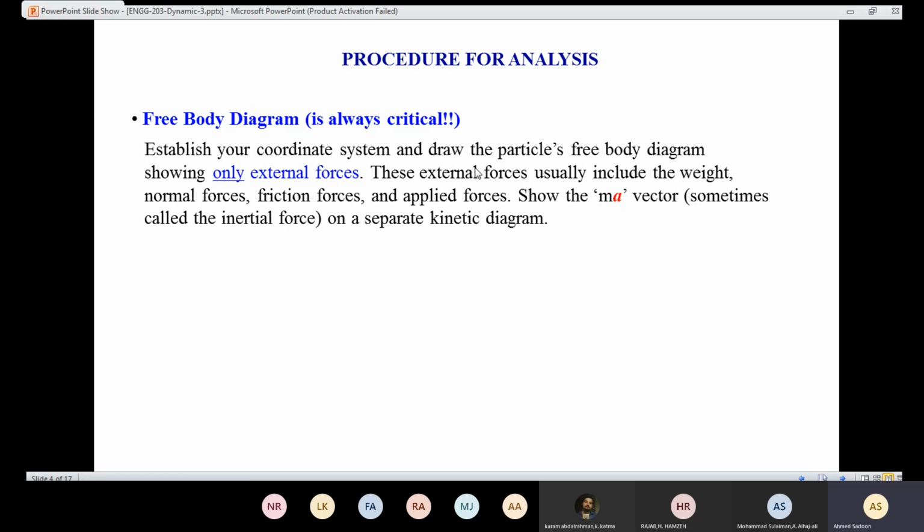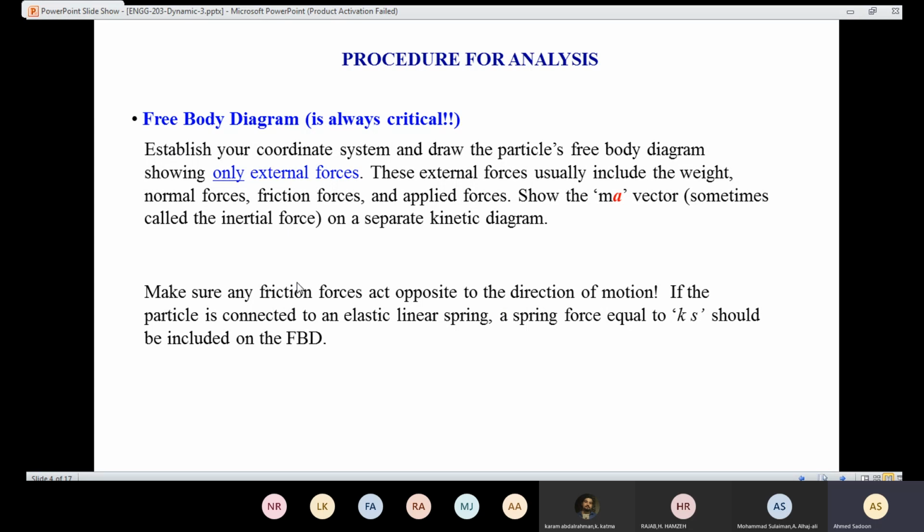Those are the expected forces when you draw the free body diagram. Also, we need to show the inertial force, the ma vector. Sometimes we call this the inertial force on a separate kinetic diagram. So we are going to have the free body diagram for the external forces, and for the ma, we are going to have the kinetic diagram. We learned how to do that in the previous lecture.